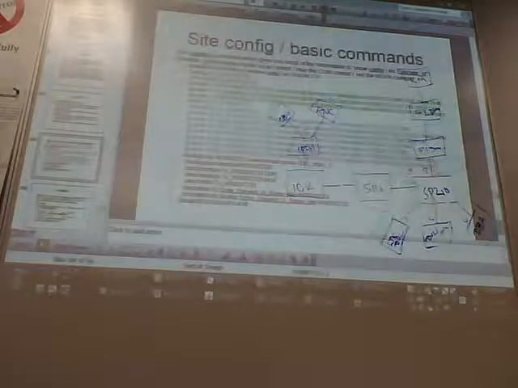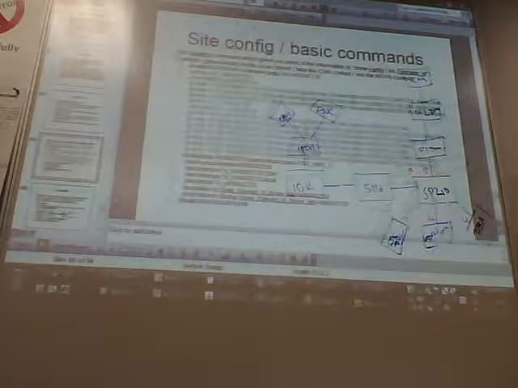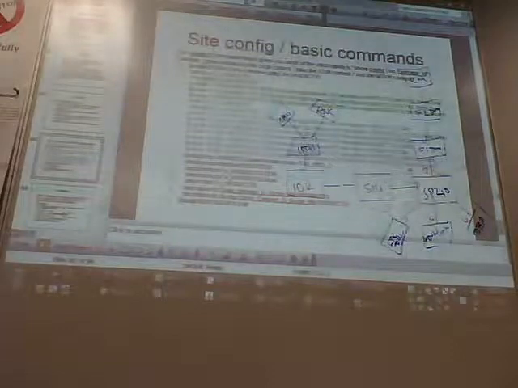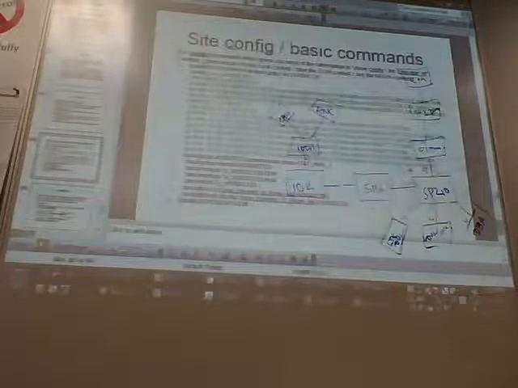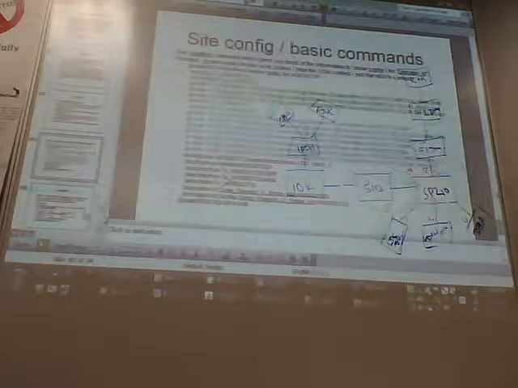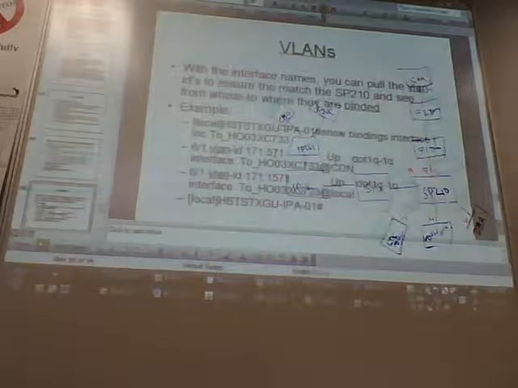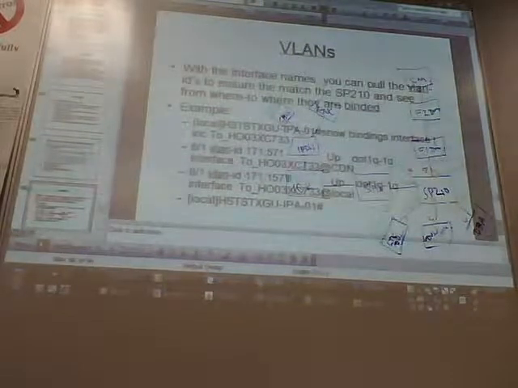Instead of having VLAN 10 here, you'd have those multiple VLANs, and there'd be these two IPs in interfaces, and then two more from the other IPA. And then you can find your VLANs like the 571.15.71.